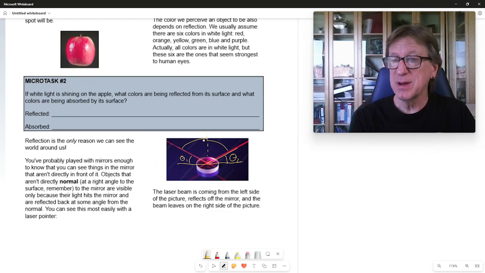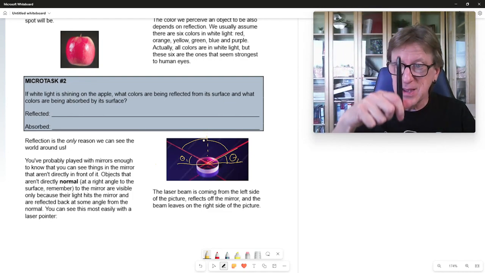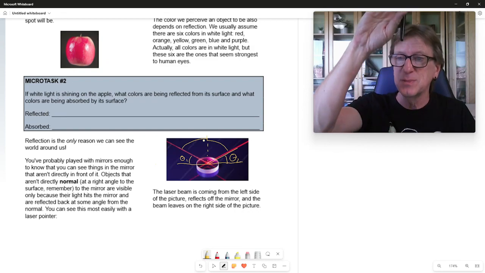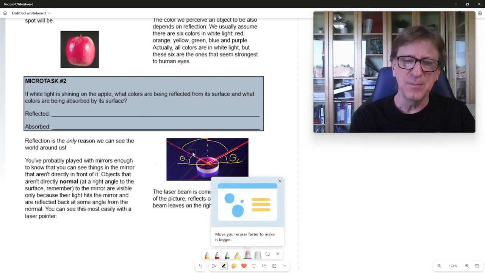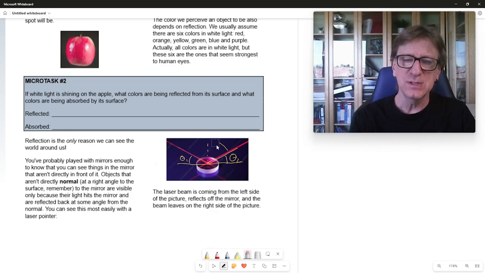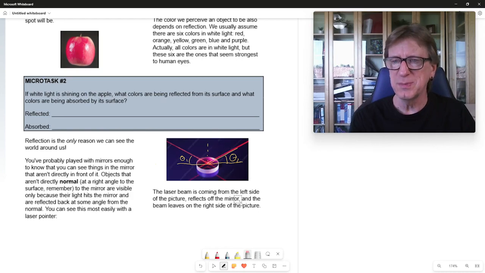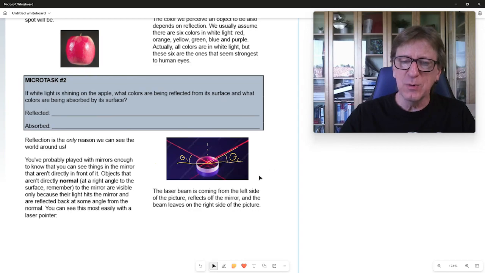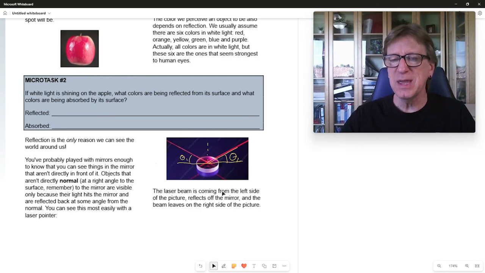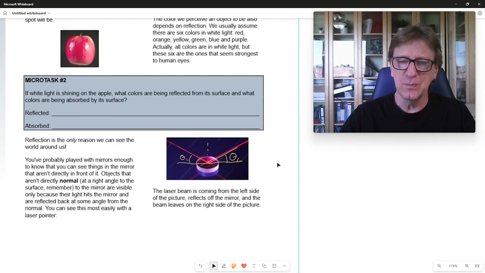Because when you think about it, it makes sense, because if I have light coming in at that normal, it's going to come straight back out. So that's a good reference point for us to work with. And we'll address that in just a minute. Our derivations for this problem are going to be just a little bit easier if we do it from the surface. Okay, so let's see if we can figure out a relationship between this incoming angle 1 and this outgoing, this reflected angle 2.